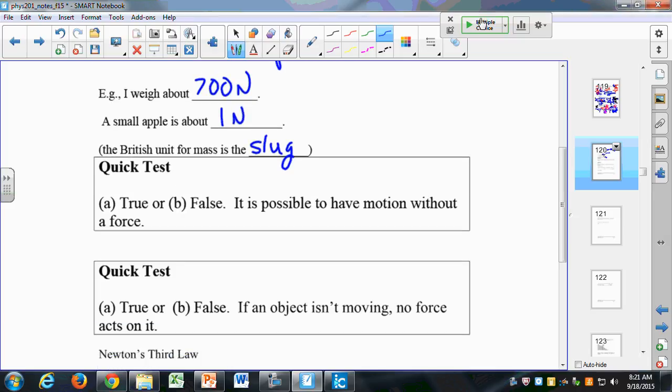Let's try this quick test. Is this statement true or false? It is possible to have motion without a force. That is, an object can be in motion without forces acting upon it.